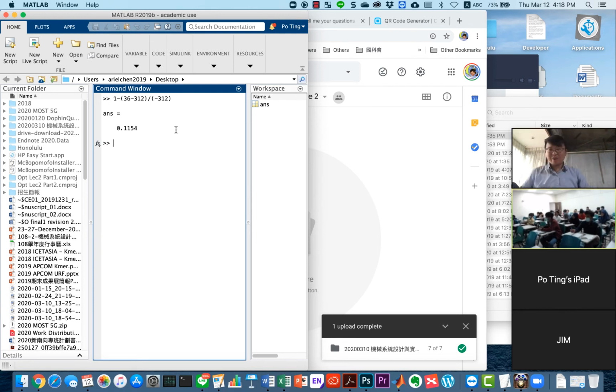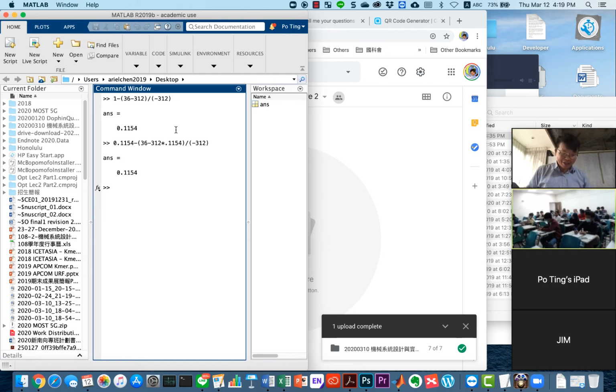So let me use MATLAB again. 0.1154 minus 36 minus 312 times 0.1154 over negative 312. I get exactly the same number. No surprise, because this is Newton's method.